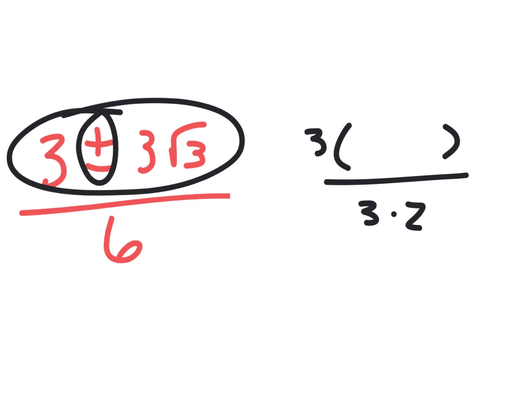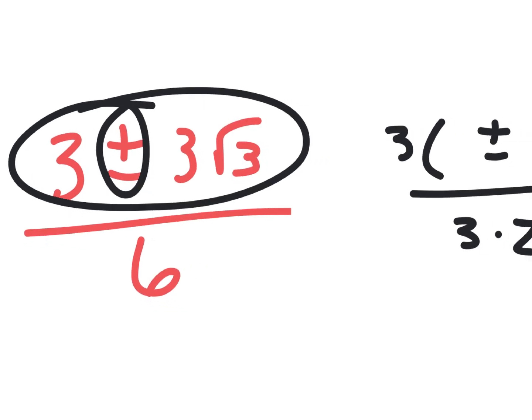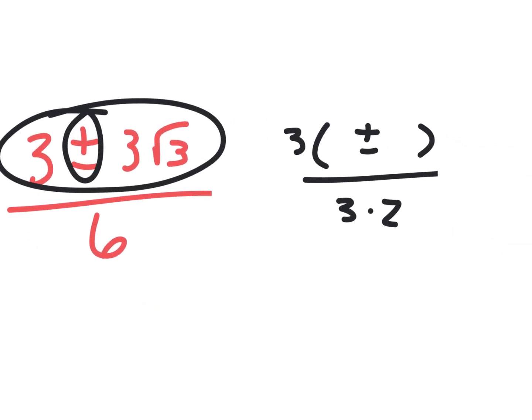There's a plus minus here, so there must be a plus minus in the middle of it. A 1, yes, because then it's like a placeholder. If you divide this by 3, you get 1. If you divide this by 3, it'll tell you what to put. You see how these 3's will cancel?